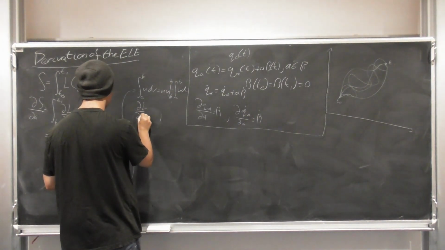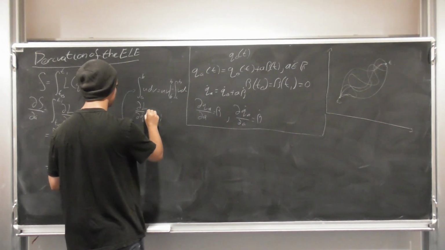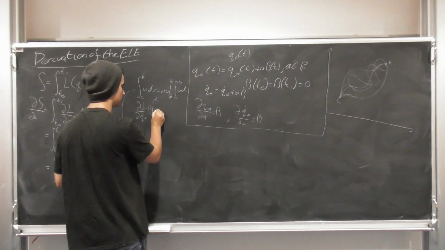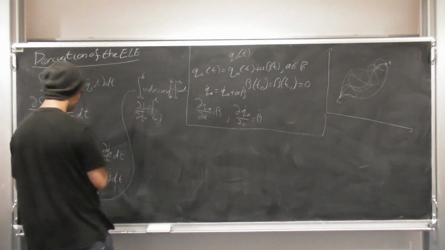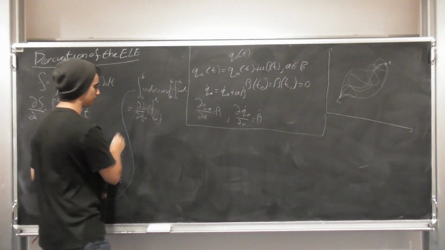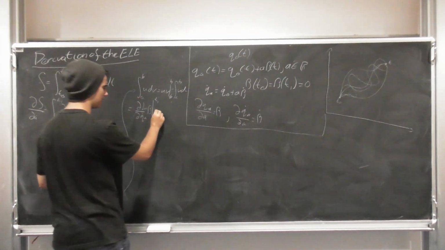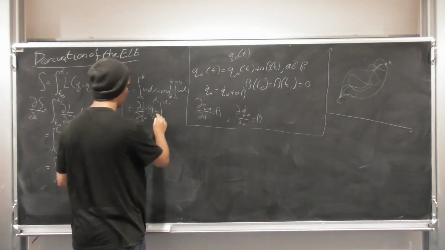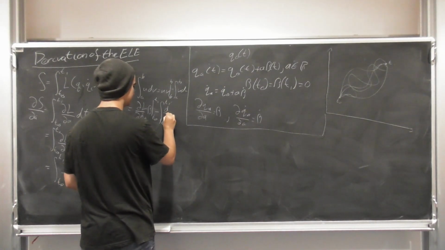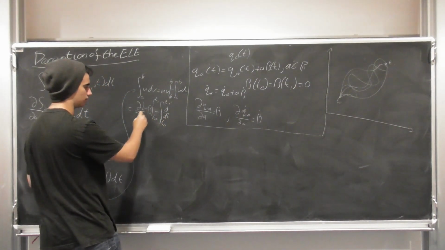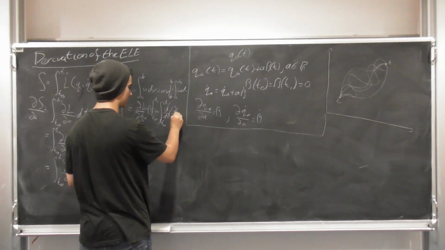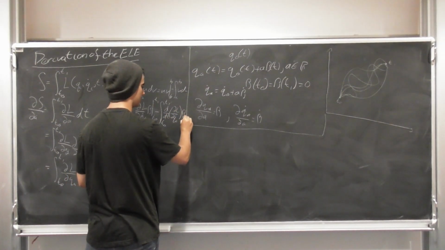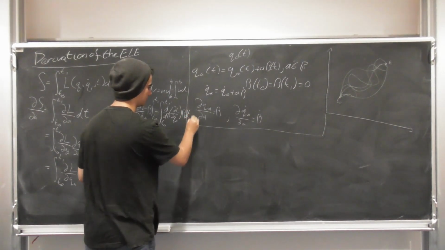We'll get that this blue integral is equal to ∂L/∂q̇_a times beta evaluated at t0 and t1, minus the integral from t0 to t1 of d/dt of ∂L/∂q̇_a times beta dt.